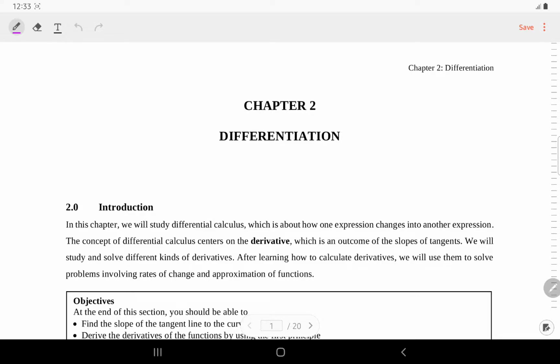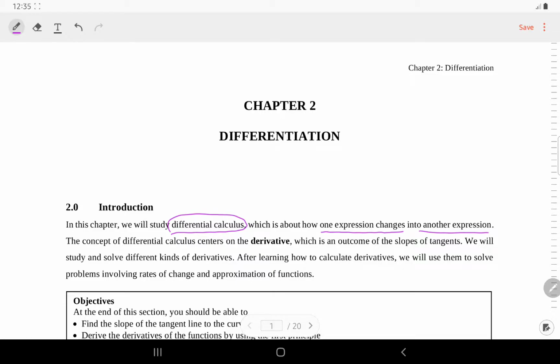So this week is the fourth week, week 4, and finally we arrived at the new chapter, which is chapter 2, about differentiation. In this chapter we will study differential calculus, or differentiation in calculus, which is about how one expression changes into another expression.